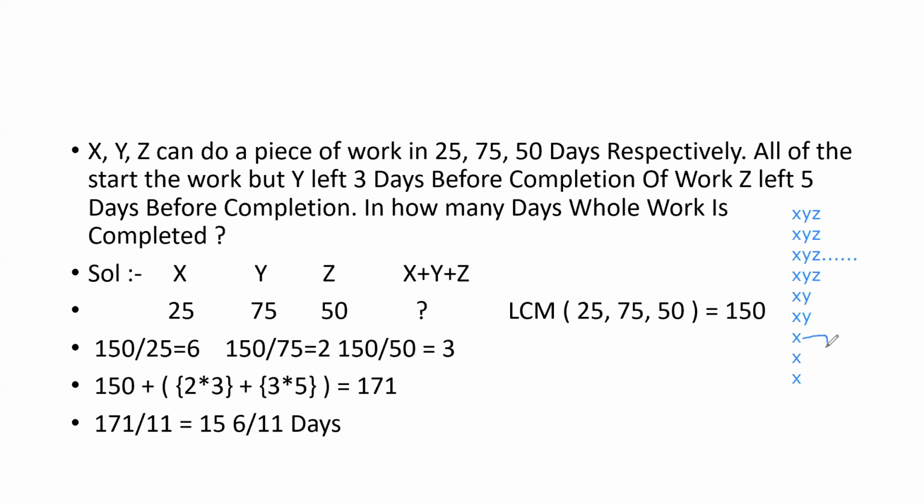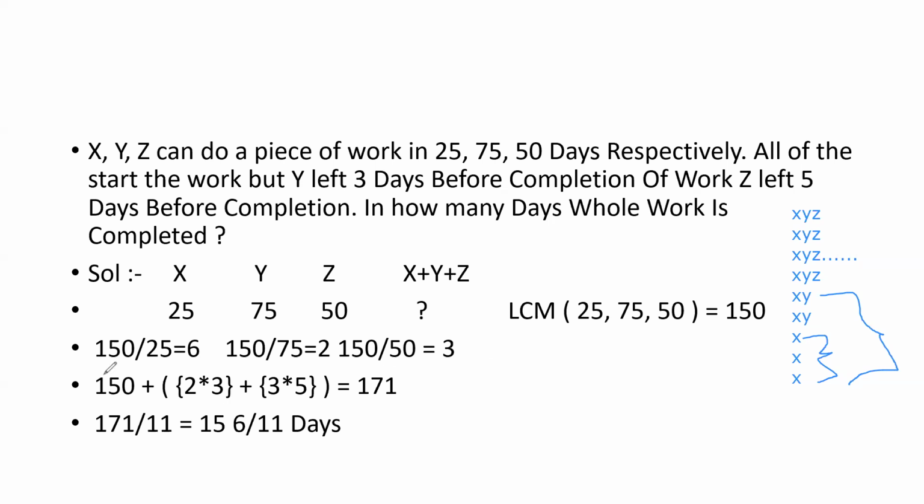So we can add these 3 days of work of Y, and we can also add these 5 days of work of Z. We know the total work, which means the LCM, and we know the individual works of 1 day.